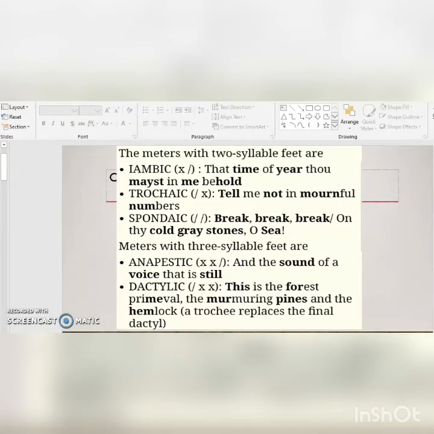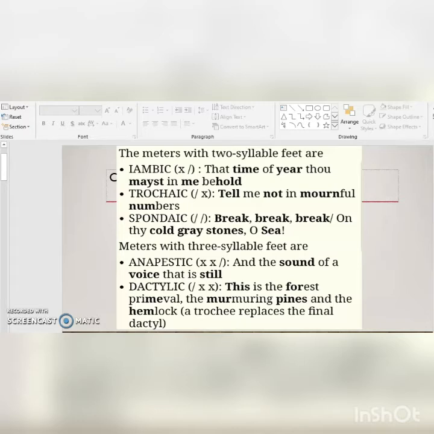Dear students, this is the second part of my previous lecture in which we discussed meter and its types. You have to keep in mind 2-3 important steps when finding out meter. Step number 1 is that you should know how to read a line of poetry. You will not read it just like prose. For example, you will not read like this, shall I compare thee to a summer's day?